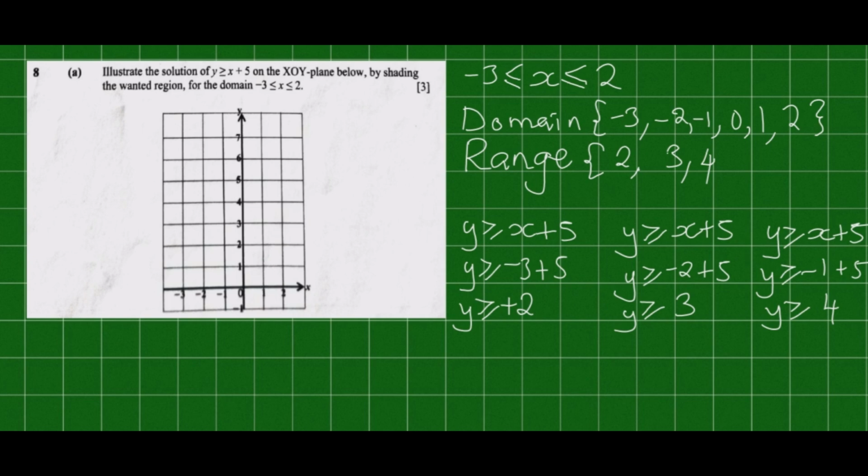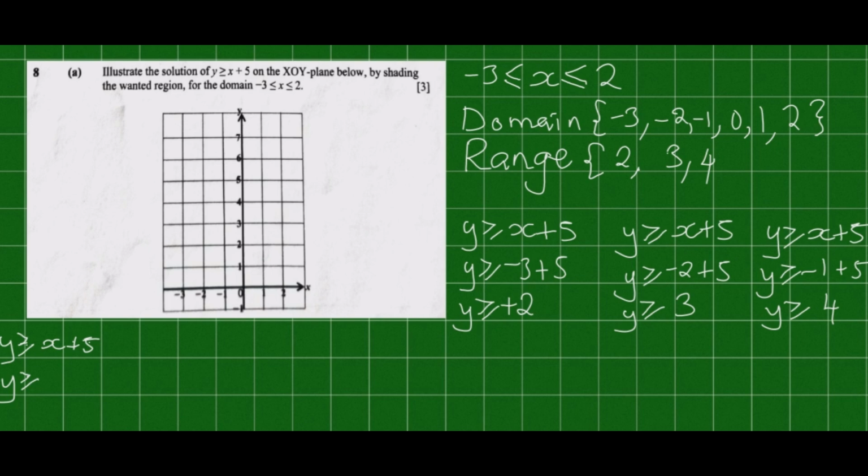So what we're going to do, I'm going to come here on the left side of the screen where I'm going to write y is greater or equal to x plus 5. We're looking for y when x is equal to 0.